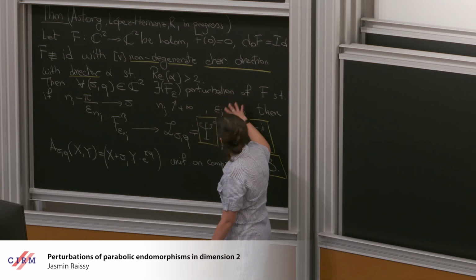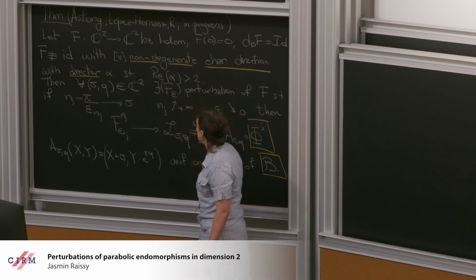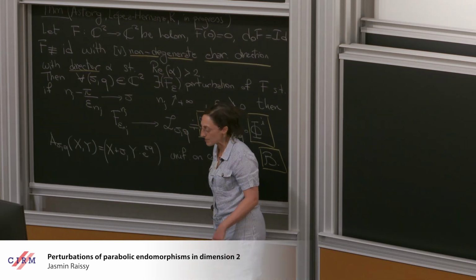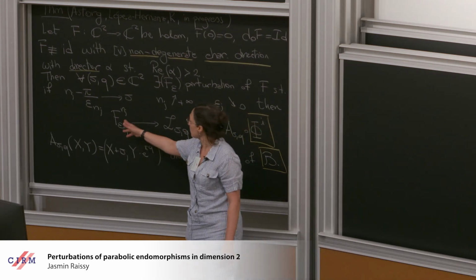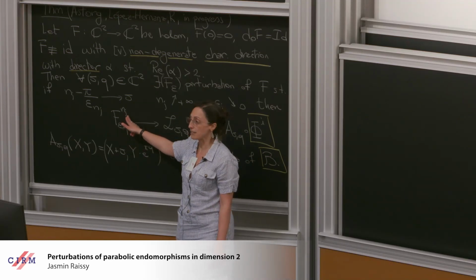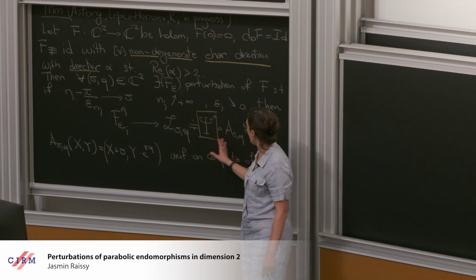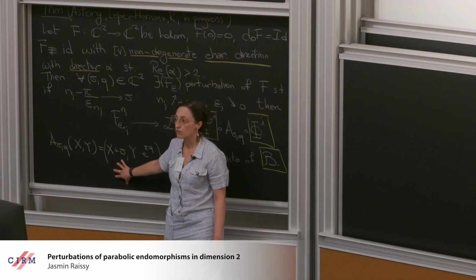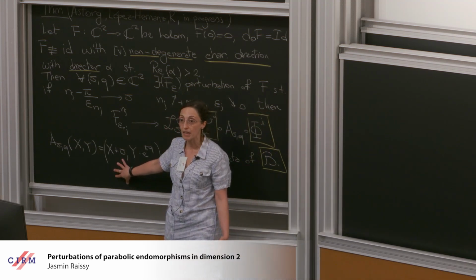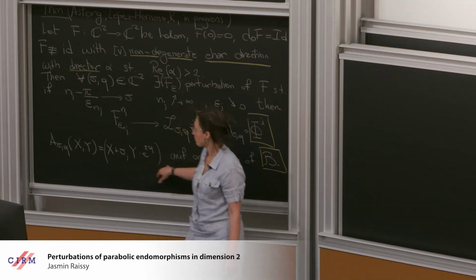And then we can find a perturbation of F such that if this condition is satisfied, when I iterate the perturbed map nj times, it converges to a map which will depend only on these 2 parameters. So I have an affine map here, x plus sigma and e to the pi q y.